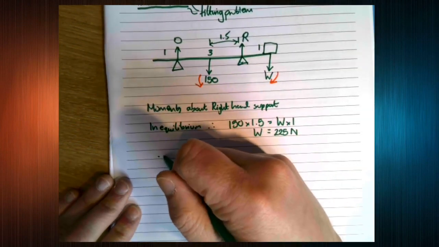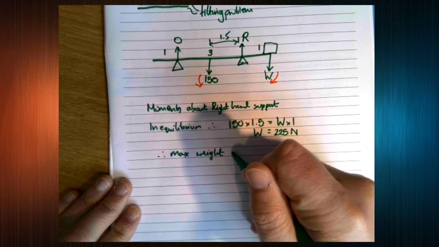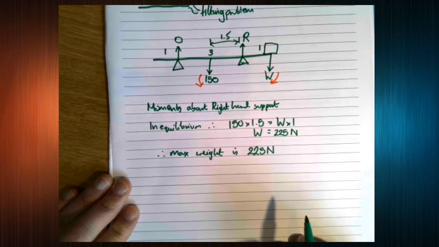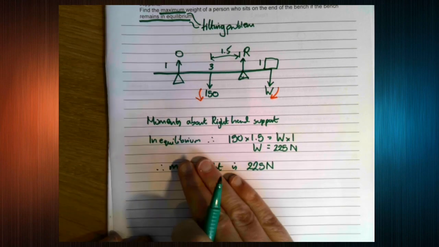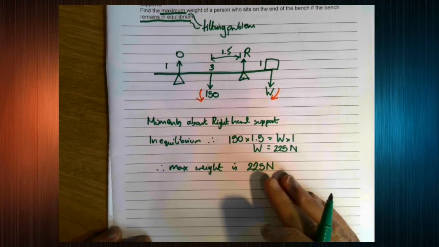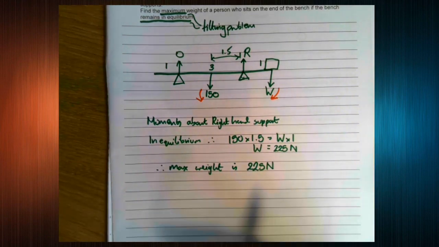So therefore, the maximum weight is 225 newtons. Again, be careful. We've asked for the maximum weight, not maximum mass. If it was maximum mass, you take this and divide it by 9.8 and get the mass of the person. It's all about answering the question.